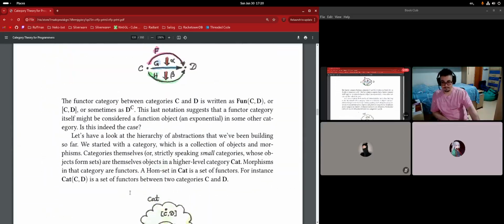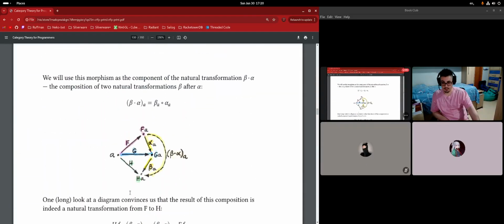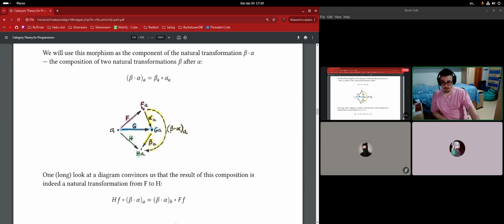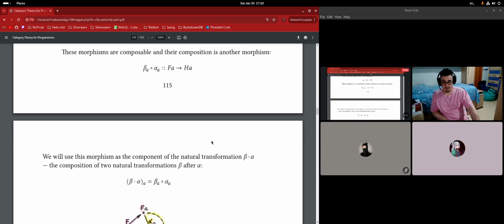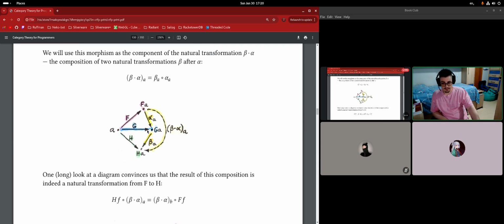Let's go back for me to explain my understanding. If you have an F of A, a G of A, and an H of A, this is doing vertical composition, right?